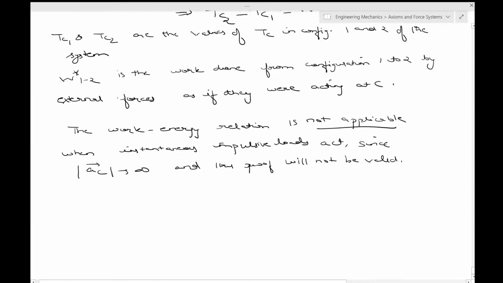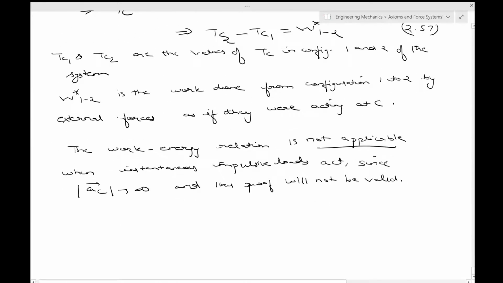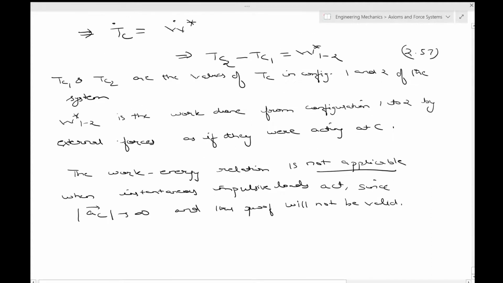So this should make sense now. The proof of this 2.57 requires AC to remain finite.